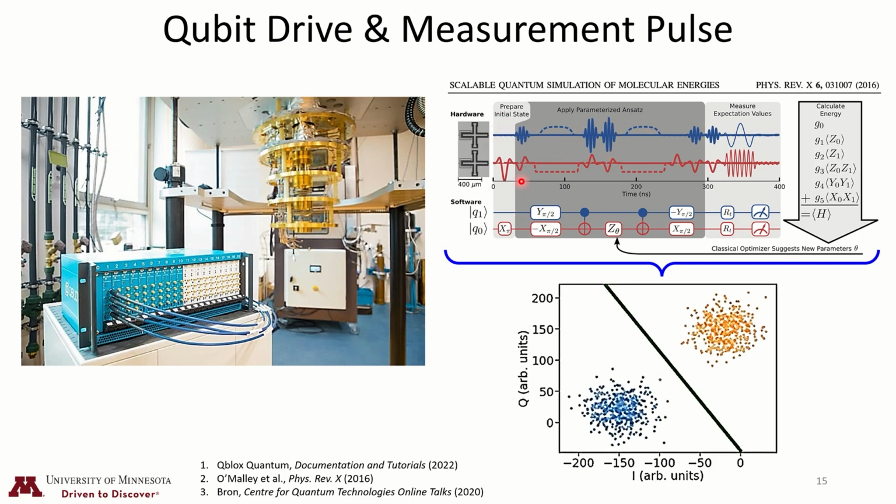So the drive outputs, or the drive signal that is coming from this machine, this component here, is being modulated, and it's being taken from this algorithm. So the algorithm from the computer will go to this machine right here, and then that will produce these specific waveforms and pulses that will excite the qubits that exist on this quantum device.